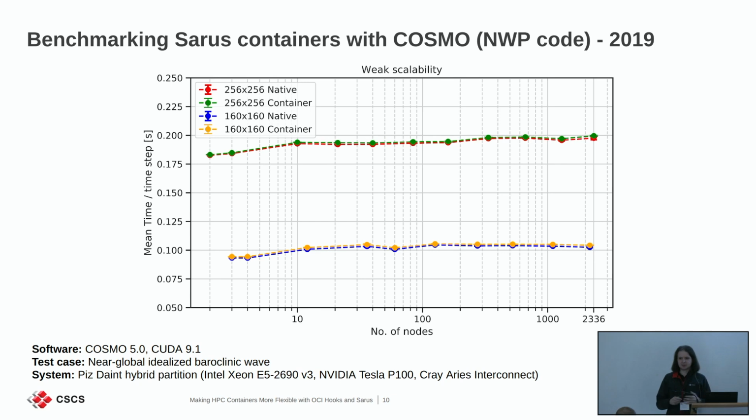And we ran it up to 2,300 nodes of Piz Daint, just to demonstrate that we could scale containers. And I think we had a couple of runs where we went almost to 4,000.